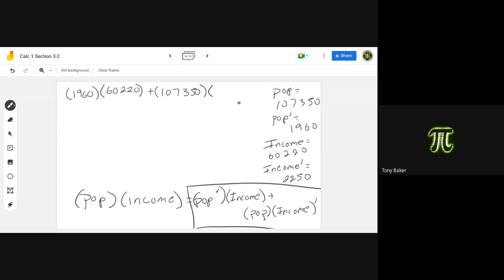And what's the derivative of the income? So now I can multiply those. It is a big number.